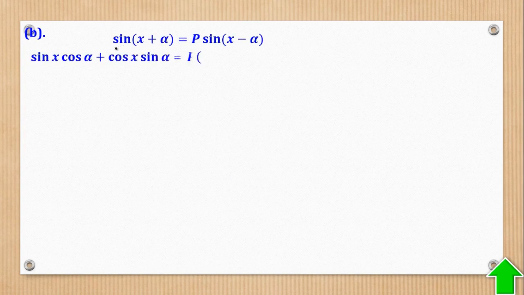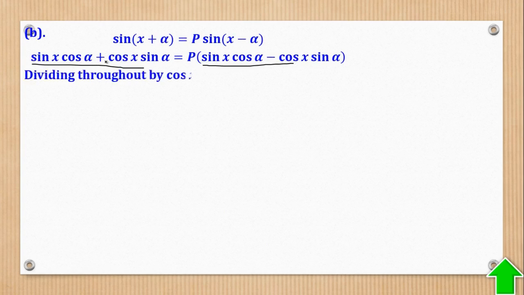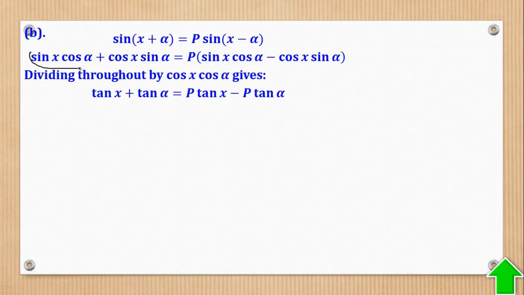That's what was given. Then expand using compound angle formula. Divide throughout by cos x cos alpha. It will give you this. This one divided by this, you realize that the cos alpha cancels, then sine over cos gives you the tan.